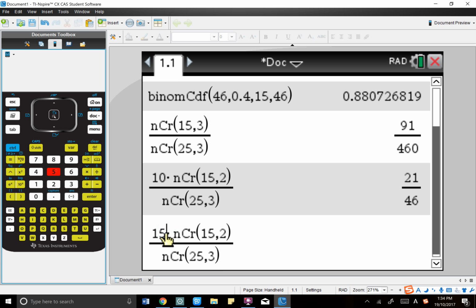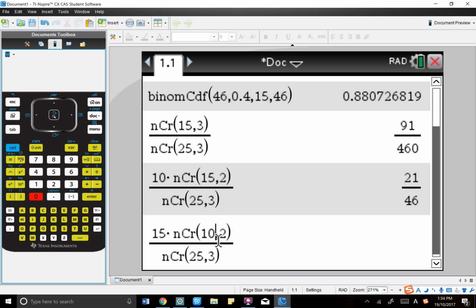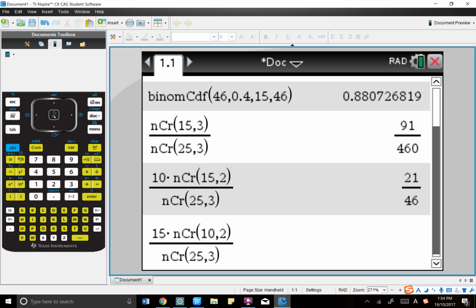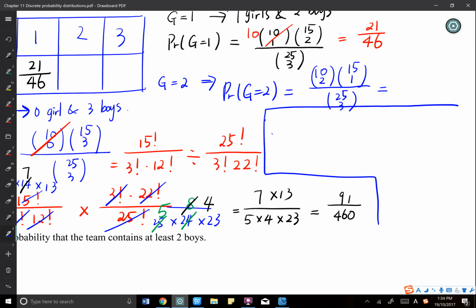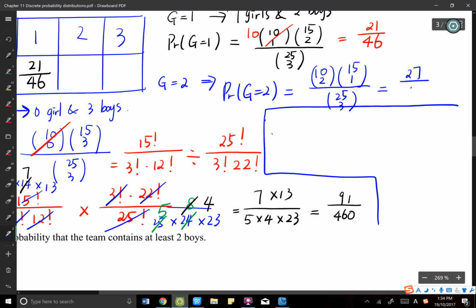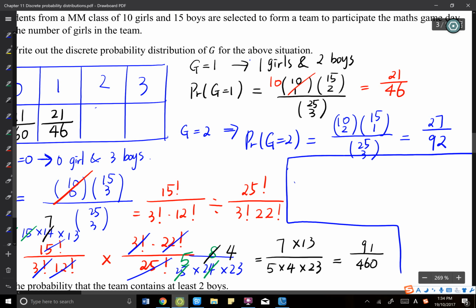I need to select 2 from the 10 girls and 1 from the 15 boys. 15 select 1 is 15, and the denominator is 25 select 3. We have 27 over 92.